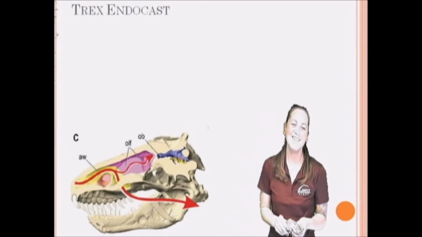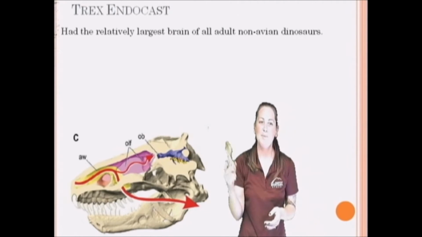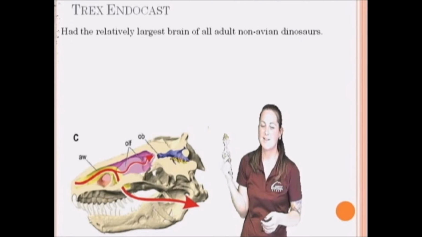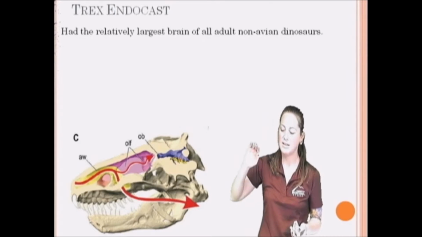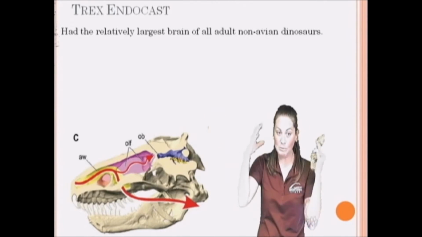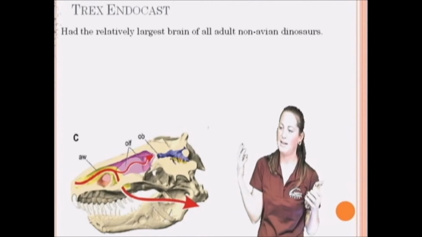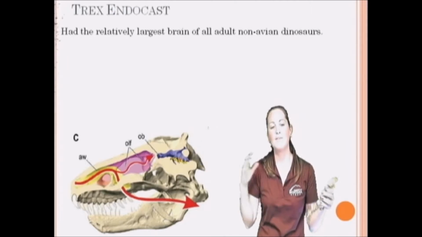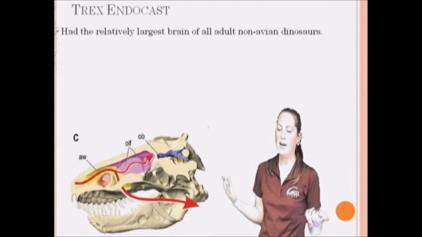Okay, so this is actually a big brain. It had relatively the largest brain of all adult non-avian dinosaurs. So avian dinosaurs, so dinosaurs that kind of were on the trackway to birds, had actually really big brains. They were definitely on the scale of about as big as a modern bird's brain if you compare body size to brain size. So now let's talk about sense of smell.